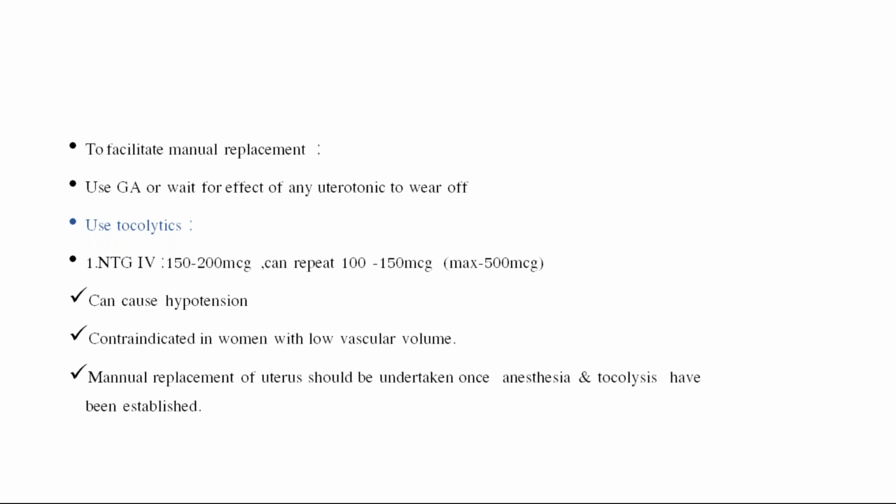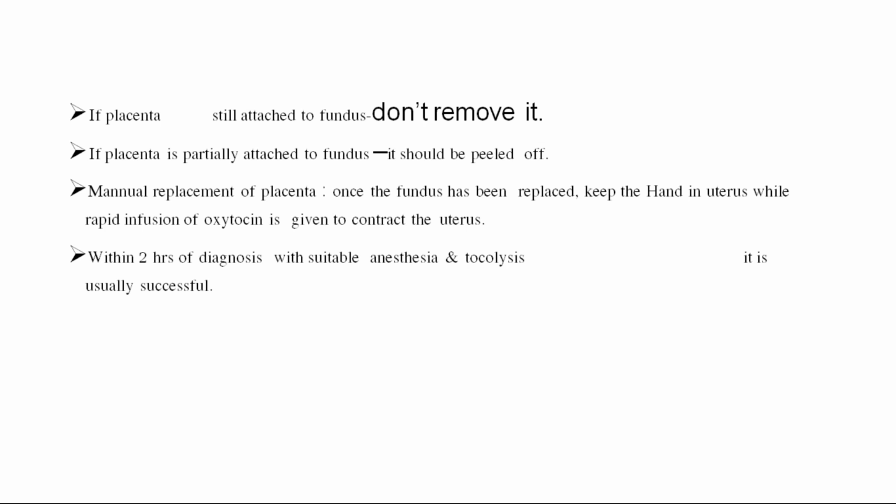Prophylactic antibiotics can be used. If the placenta is attached to the fundus, don't remove it; try to replace the fundus in position. Sometimes people remove the placenta first, and only then replace it.